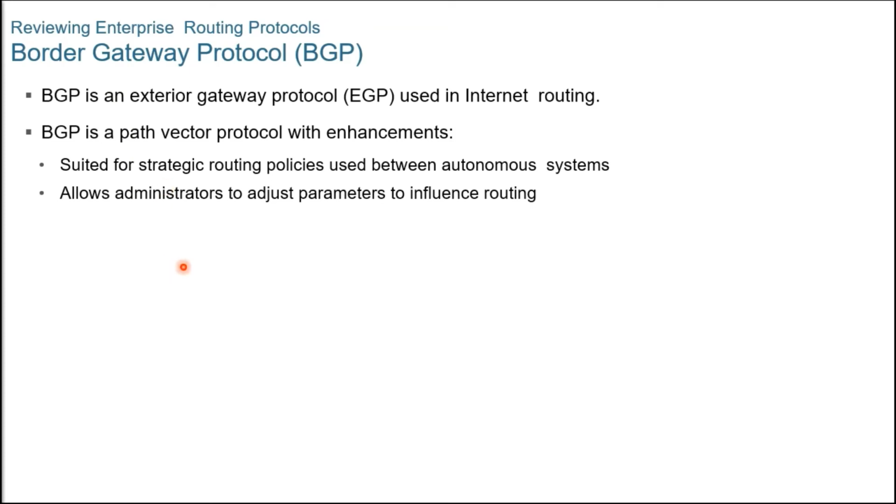The key point for BGP is that its main goal is to provide an inter-domain routing system that guarantees a loop-free exchange of routing information between autonomous systems. BGP routers exchange information about paths to destination networks.